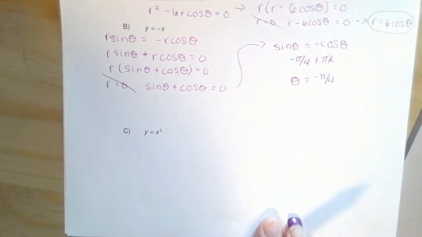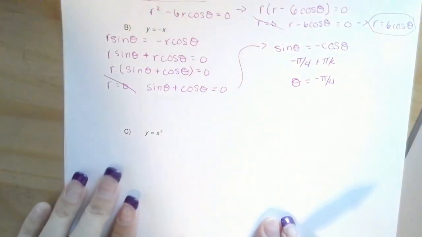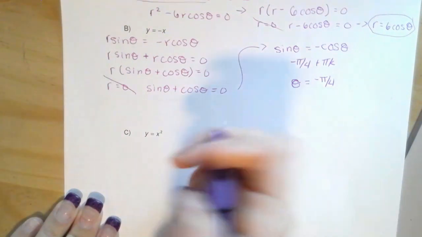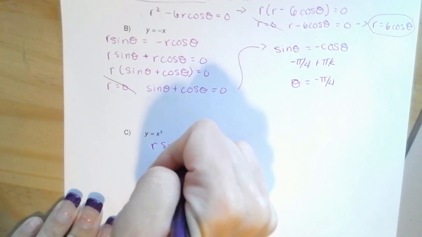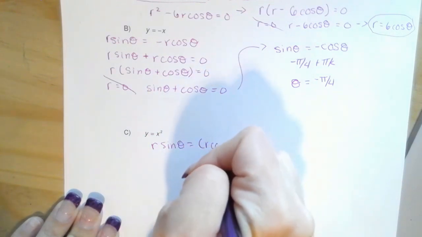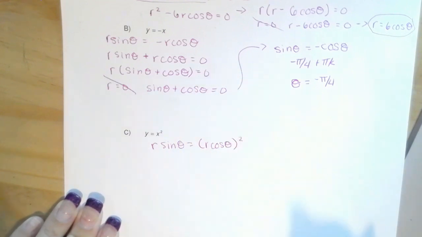Alright, one more practice with going from rectangular to polar. So I'm going to substitute in again, and I get r sine theta equals r cosine theta, squared.